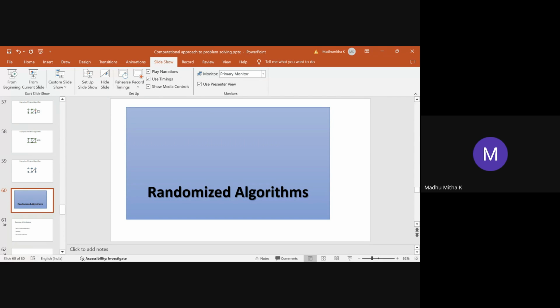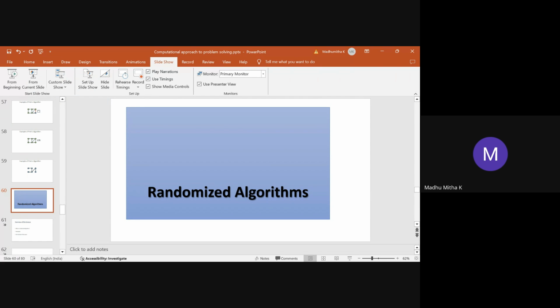Randomized algorithms not only improve the efficiency, they are also used for different types of computations like quick sort. So it has some purpose. It is going to solve some complex problem with a set of rules. That is why we use this randomized algorithm.